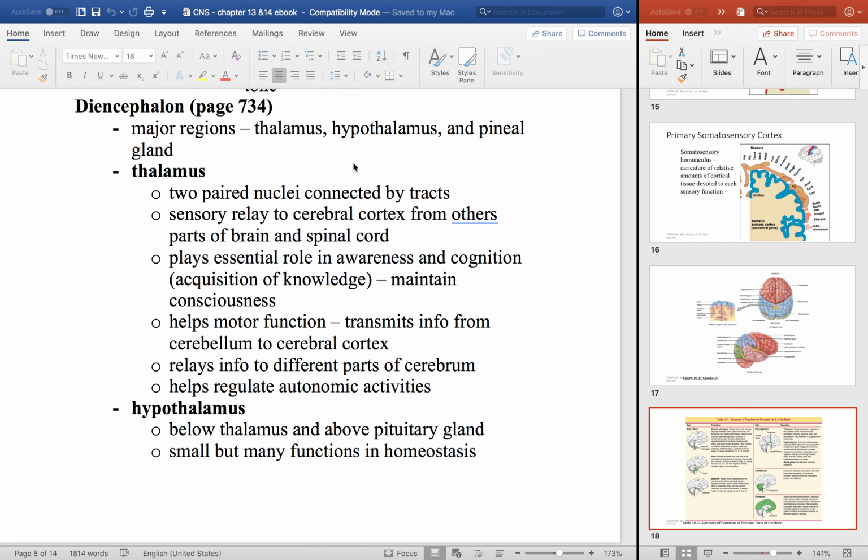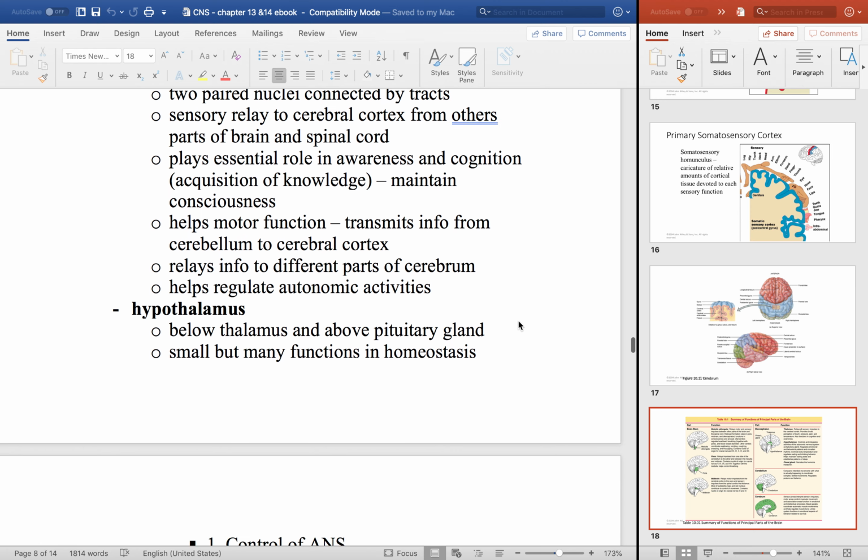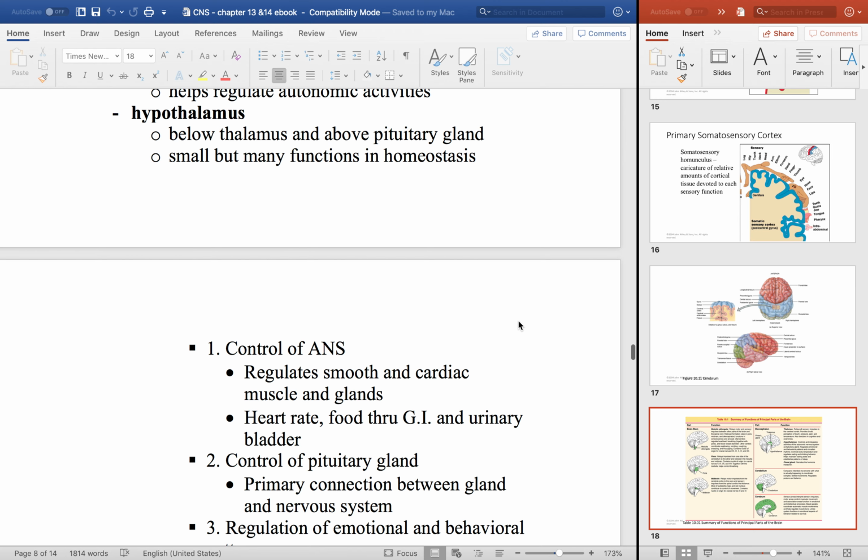It decides what all sections of the cerebrum need to receive the message coming up, and it helps regulate autonomic activities. The diencephalon is huge in autonomic activities. The thalamus is controlling what goes up to the cerebrum and what comes down from the cerebrum, but the hypothalamus is like the king of autonomic activities.